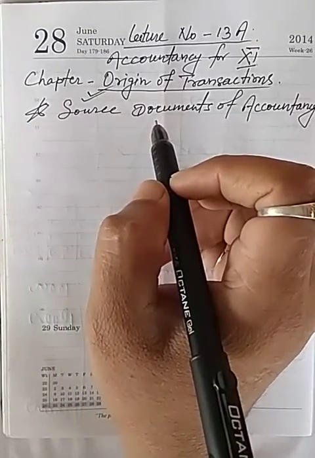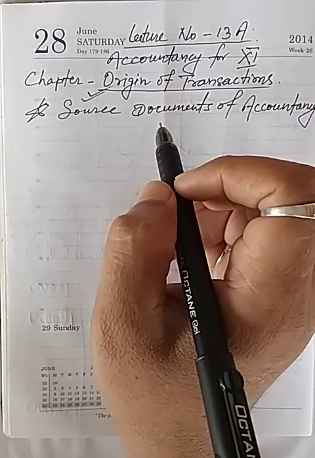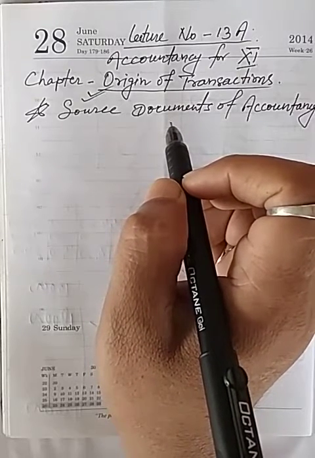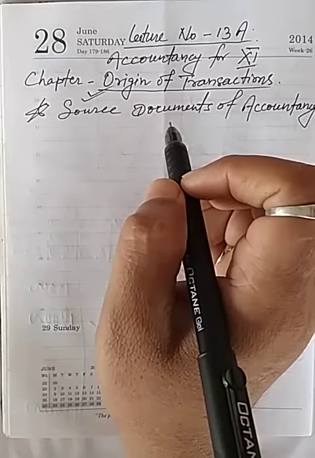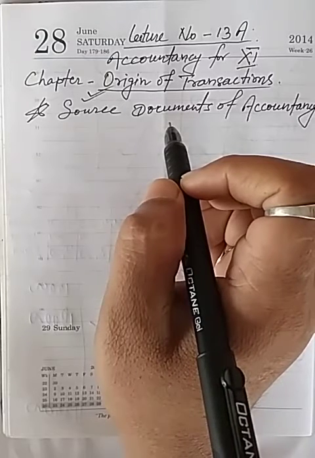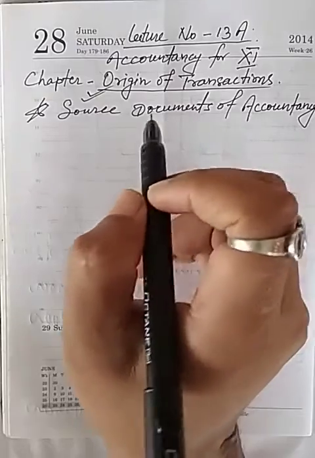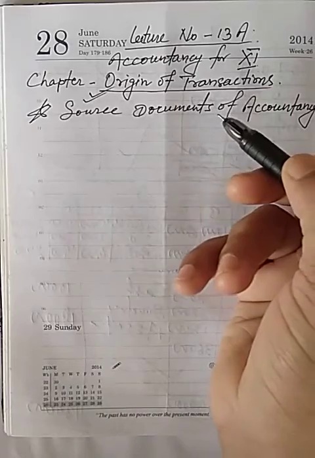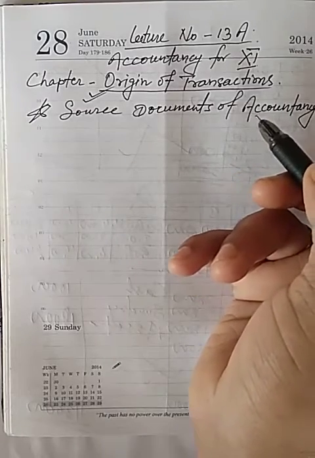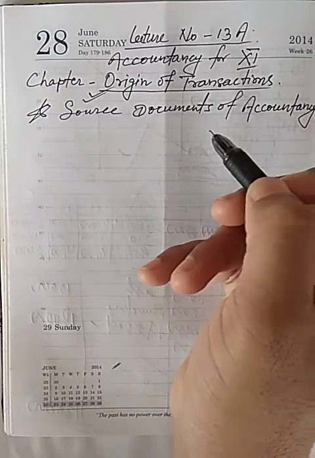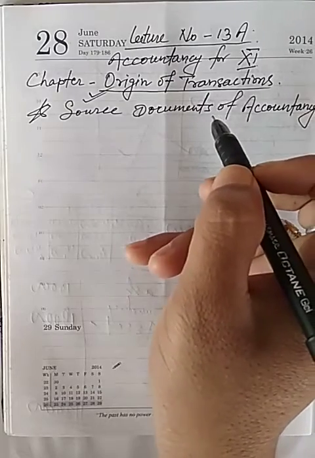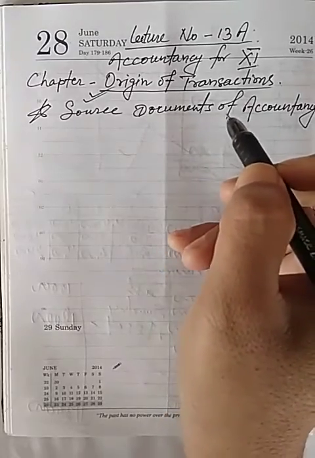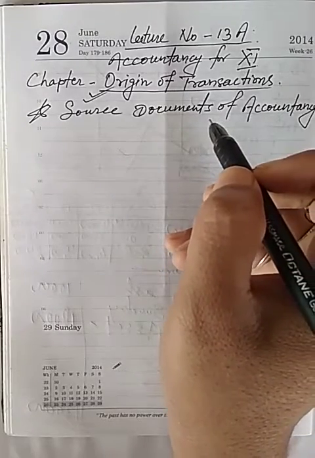These documents are the written and authentic proof of the correctness of the recorded transaction. These documents are required for audit and tax assessment. They also serve as legal evidence in case of a dispute.